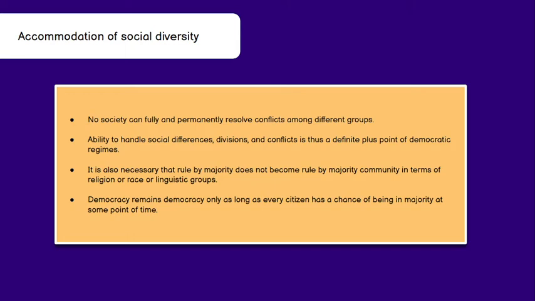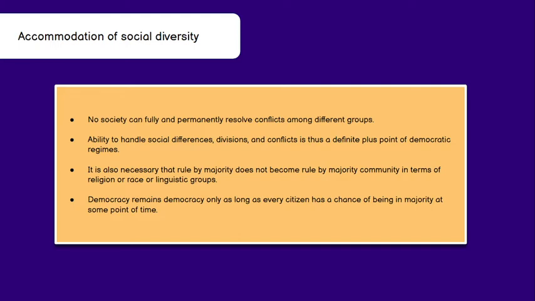No society can fully and permanently resolve conflict between different groups, right? So there are some small or daily conflicts every day in societies. Ability to handle social differences, divisions, and conflicts is thus a definite plus point of democratic regimes. So in democracy, obviously, social differences, divisions, and conflicts can be handled, right?